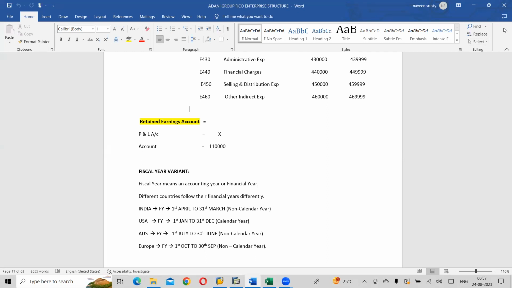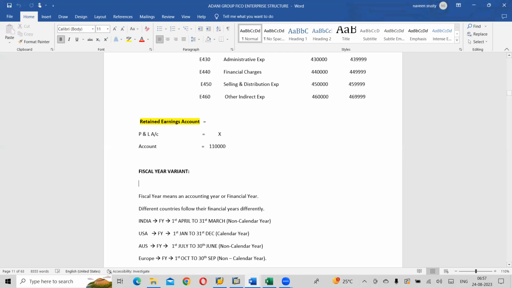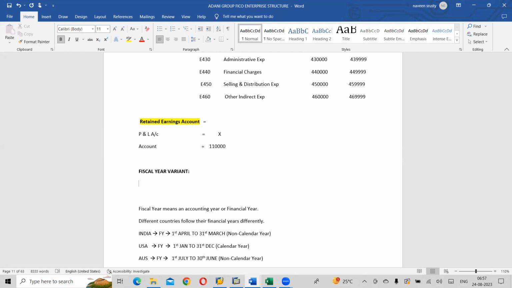In general, we call it a financial year, but in SAP we call it a fiscal year.